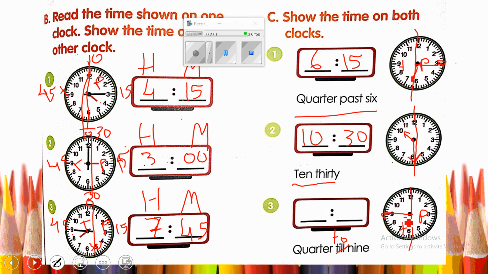The hour hand is closer to 9. So how many minutes for a quarter to? See here. Perfect, it's 45. What I'm writing here is the same hour, which is 8. It will be 9 on the analog clock, but when I'm writing with digits, I write 8 for the hour. The analog hour is different.